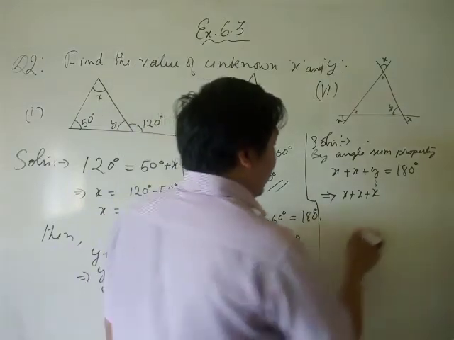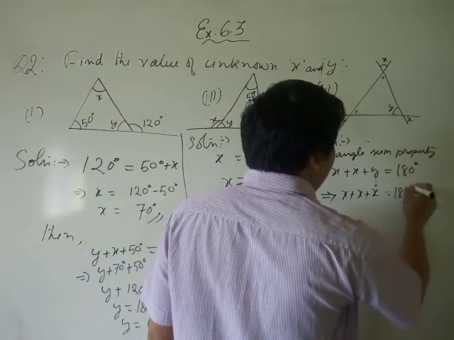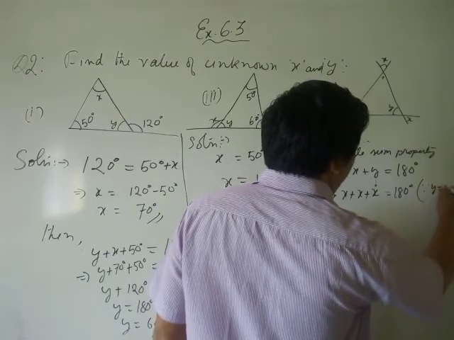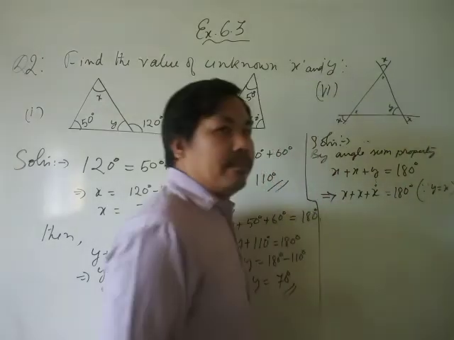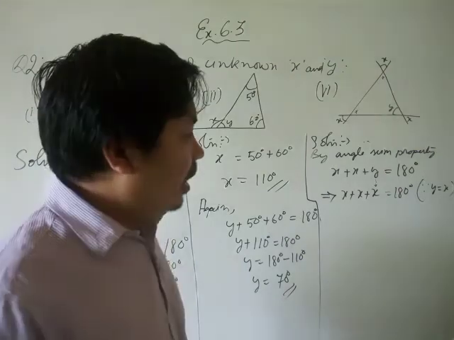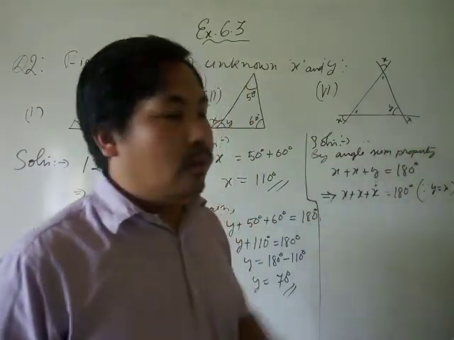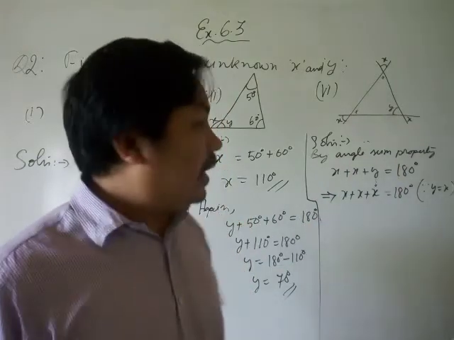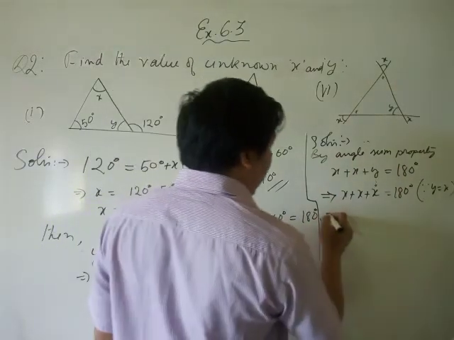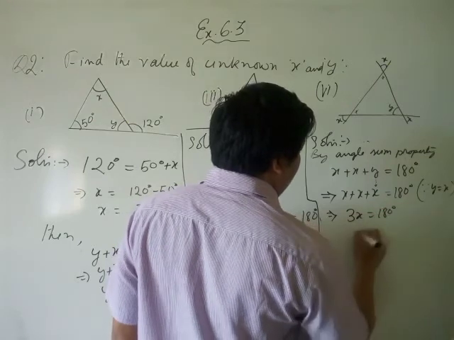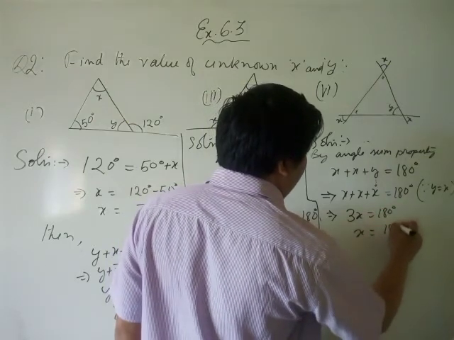Okay. Here we got like this. Since y is equal to x from the diagram, they are vertically opposite angle, so they must be equal. That's all. Okay. Now, next what we get here implies that 3x equal to 180 degree.